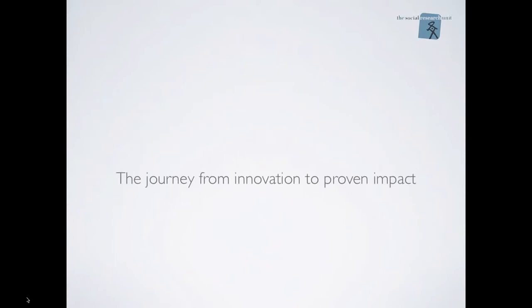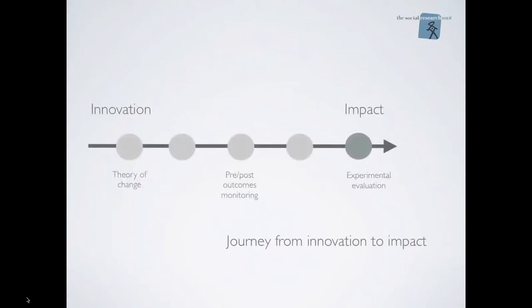So, how can programs make the journey from innovation to proven impact? We think it's through well-designed, logical and evidenced innovation that we can test what works in improving young people's outcomes and refine those innovations that we already know do work.